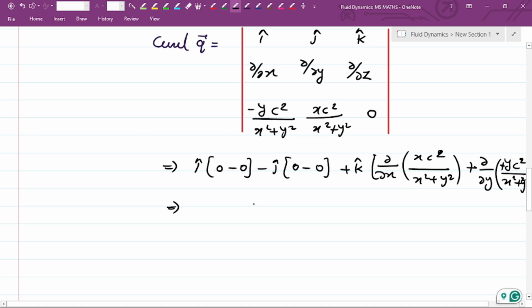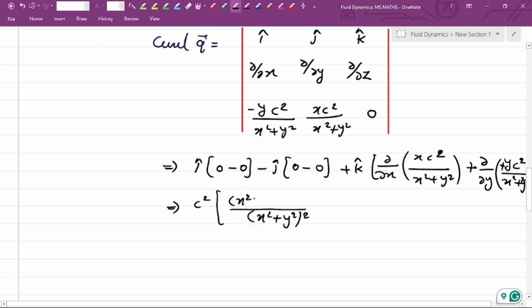Since we are differentiating with respect to y, we apply the u upon v formula. I can write it this way: c square can be taken common, over x square plus y square whole square.